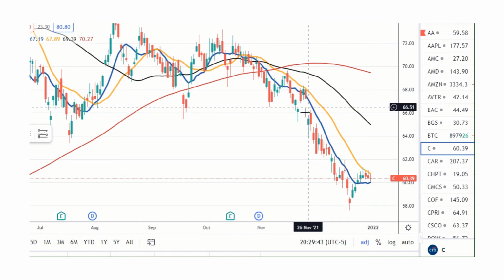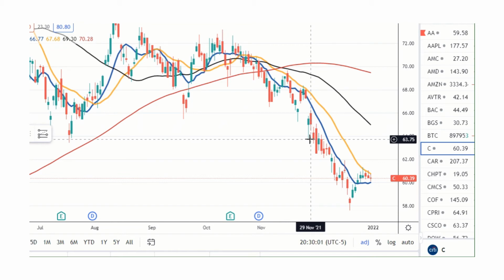So if I would have held on to it here, it would have fallen from, let's say I would have entered at 67.51, and the next day it would have opened at 63.75, and I would have closed there, and I would have had a nice profit there.